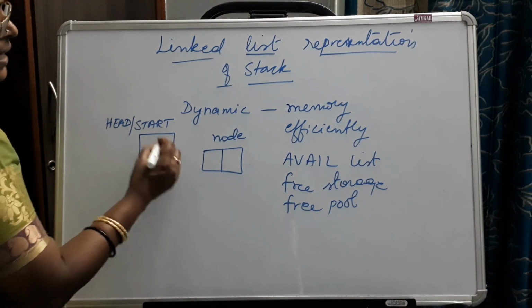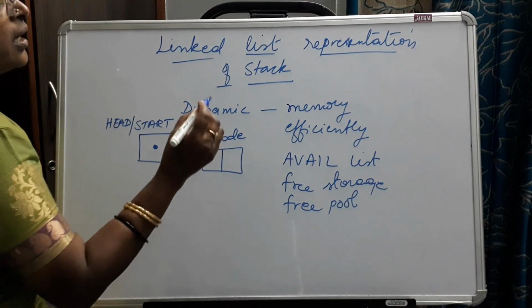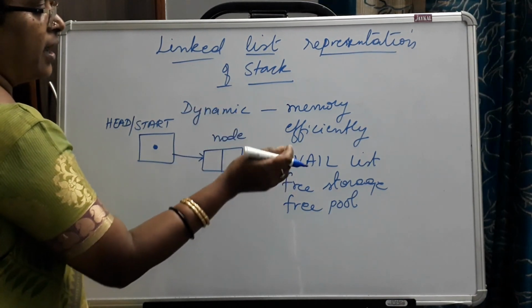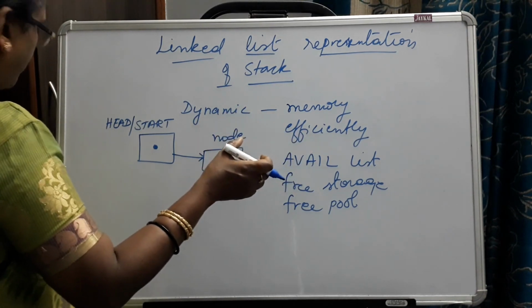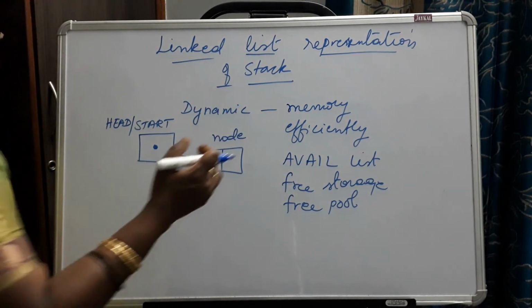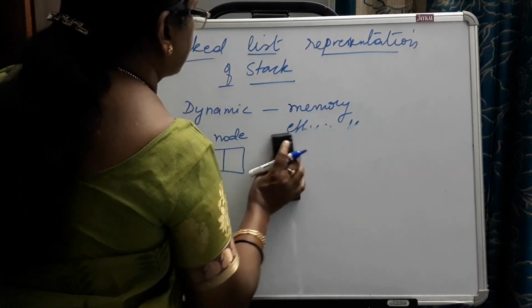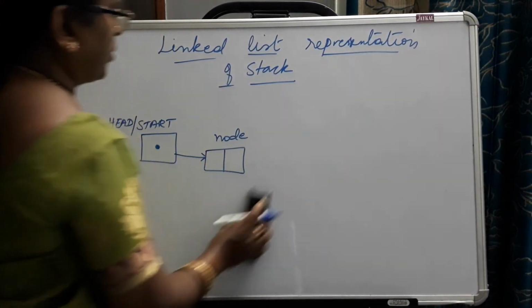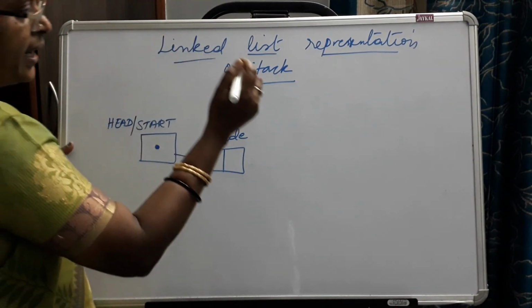This node has the address of the first node of the list, and it is not literally taking the memory space from the avail list. It will be available where it is. We do not require contiguous memory location as we required in array.